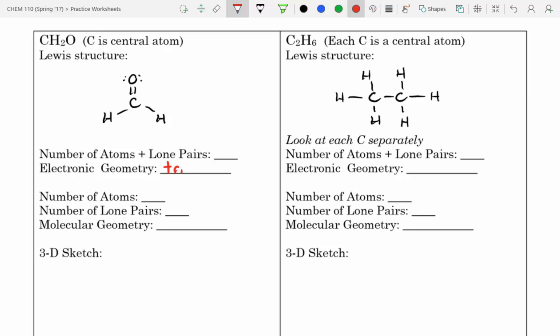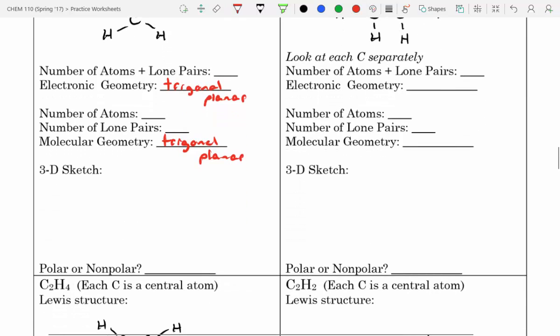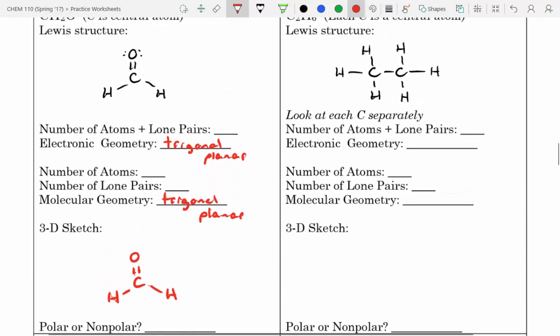Trigonal planar. All right, and then what about the molecular geometry? It's going to be the same. Okay, and then when we sketch this out, it actually looks a heck of a lot like our Lewis structure because we can lay this flat on a page. We don't have to use any dashes or wedges at all. It's nice and easy to draw.